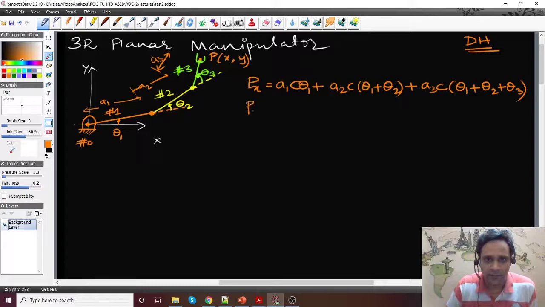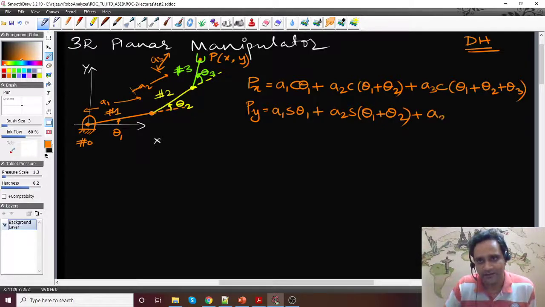Similarly, the y coordinate of the point P can be obtained as A1 sin theta 1 plus A2 sin of (theta 1 plus theta 2) plus A3 sin of (theta 1 plus theta 2 plus theta 3).